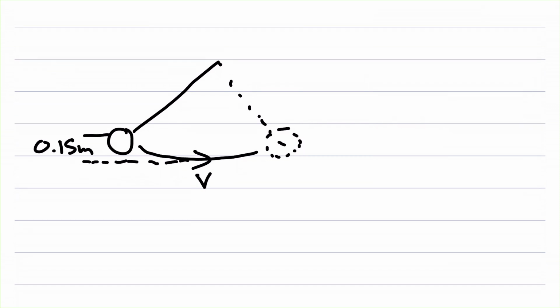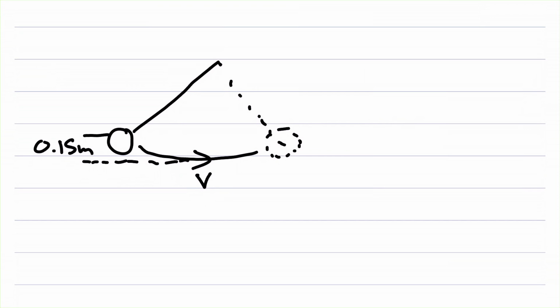Okay, so they want us to find the velocity at the bottom, basically at its fastest speed, where the kinetic energy is its highest. Well, at the lowest point, the gravitational potential energy is 0. So that means all of the gravitational potential energy changes to kinetic energy here, at the lowest point in the swing.